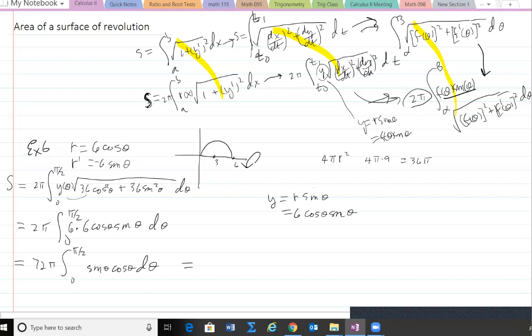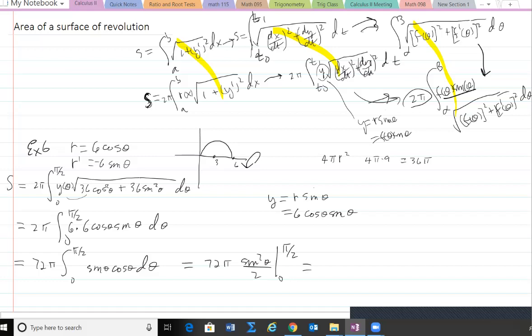Now that's nice because the derivative of sine is cosine. I've got u to the n du right here. 72 pi sine squared theta over 2, from 0 to pi over 2. Sorry.